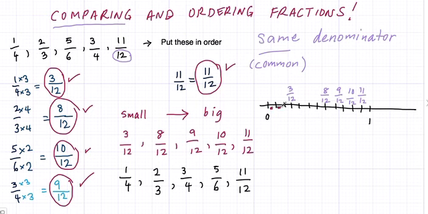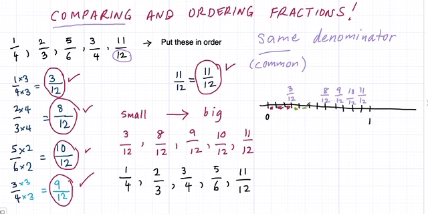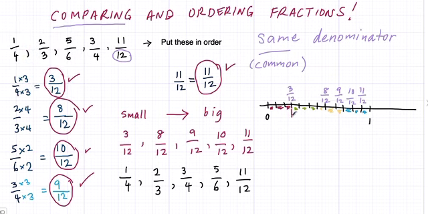3/12, we've coloured in 1, 2, 3. I'm going to do the same thing here with different colours, and you'll see 1, 2, 3. I'll do it with a yellow. 1, 2, 3, and a blue. You can see that 3/12, where we coloured in for 3/12, is actually a quarter of the way along the line, and that's why we've got a quarter.